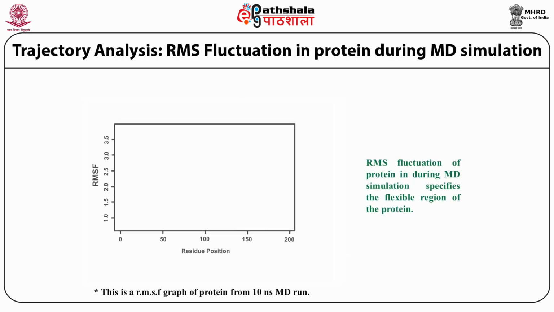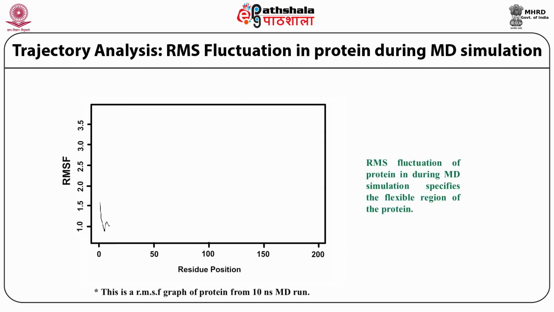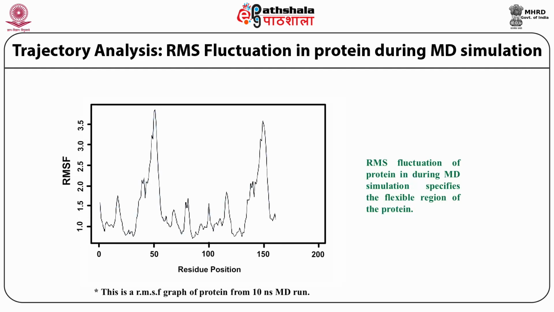This is a typical RMS fluctuation graph. This graph plots the root mean square fluctuations calculated from an MD run of 10 nanoseconds for a protein of 200 residues. RMS fluctuation has been calculated for individual amino acid residues over all the saved conformations for the 10 nanosecond MD run.